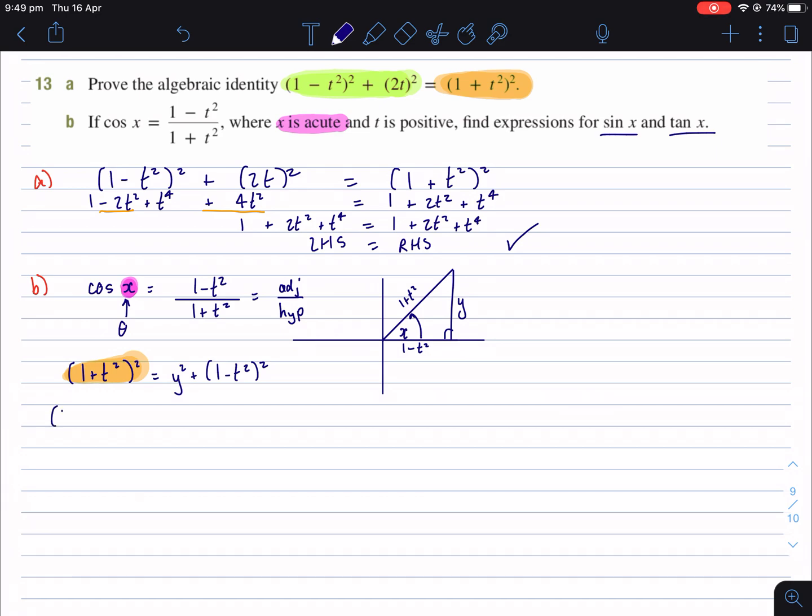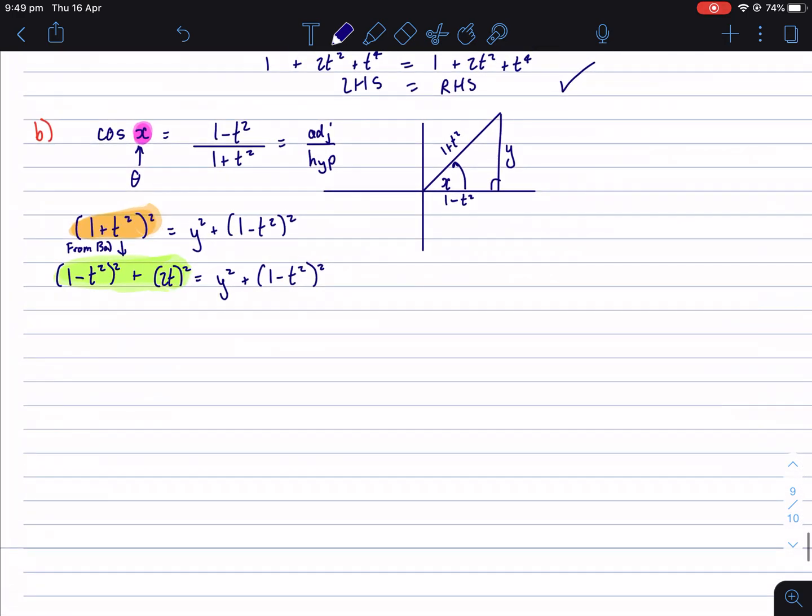So that's the same as 1 minus t squared, all squared, plus 2t squared equals y squared plus 1 minus t squared, all squared. So that orange stuff does equal that green stuff. So that's that. I've been able to replace it with that. So that's from question 13a.